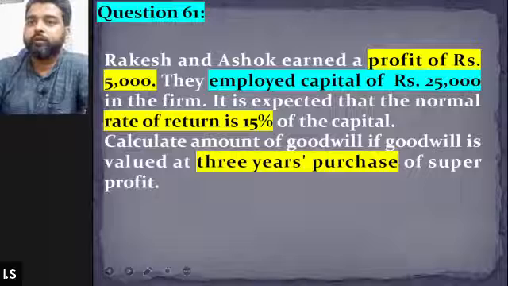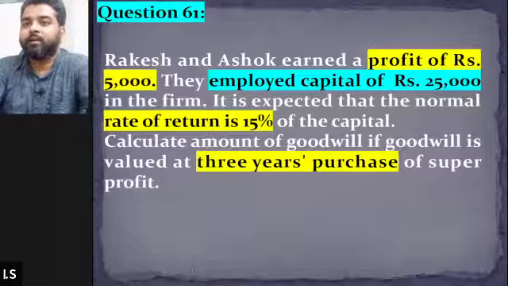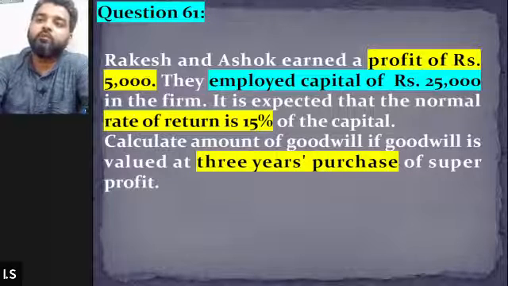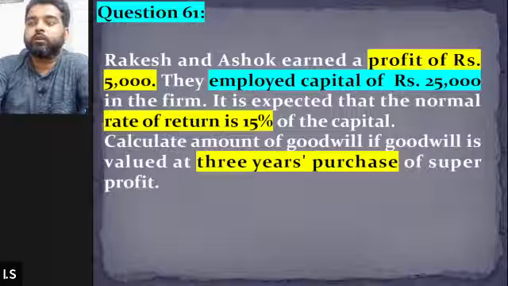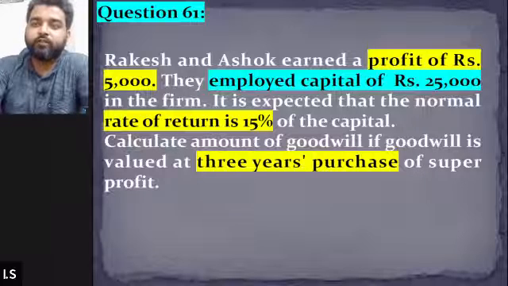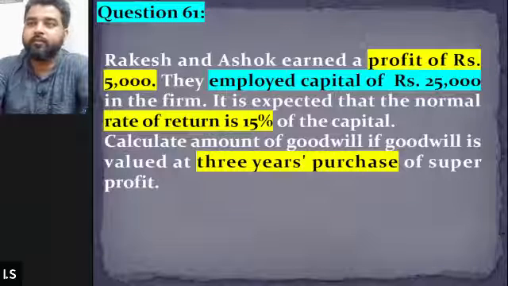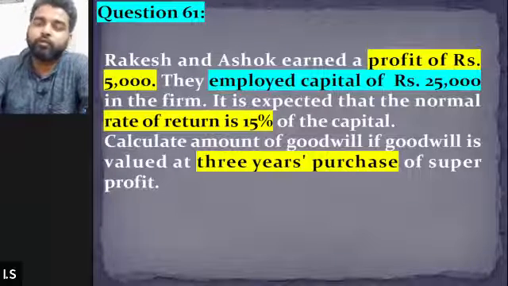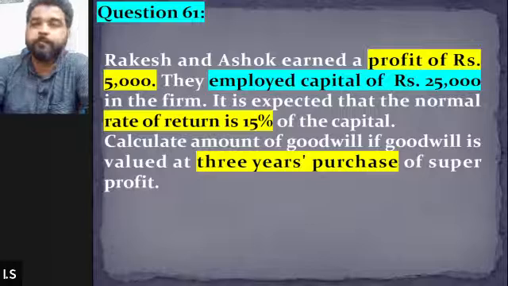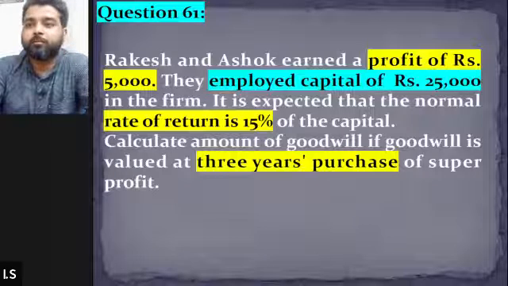Okay. So the question is telling us that there are two partners, Rakesh and Ashok. They have generated a profit of 5,000. So this is the average profit of the firm. Now the question is also telling us about the amount of capital that they have invested.